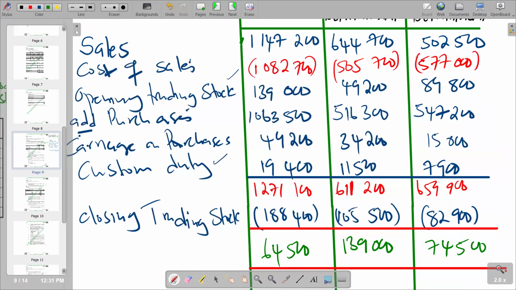Remember, if we come here, you see that our cost of sales figure here is greater than our sales figure, so we get a negative figure here. It is going to be represented in brackets to show that it's a negative. So on the total, we are saying negative 74,500 plus 139,000, you get your 64,500 as a positive.